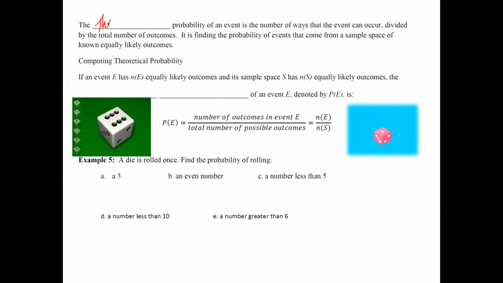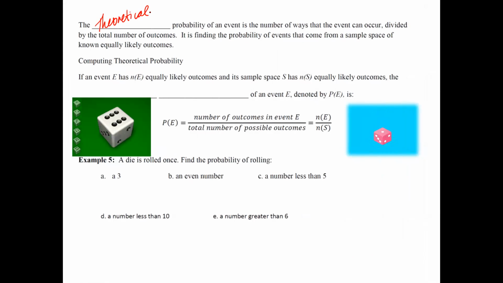So the theoretical probability of an event is the number of ways that the event can occur divided by the total number of outcomes. It is finding the probability of events that comes from a sample space of known equally likely outcomes. So here are the steps or formulas to compute theoretical probability.